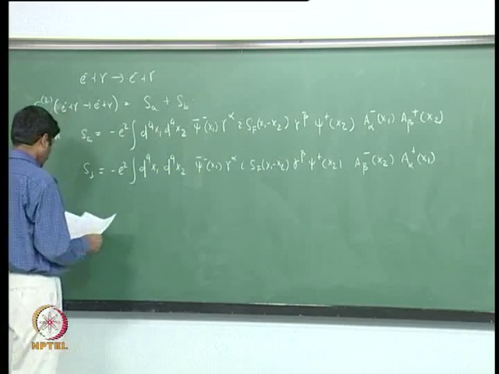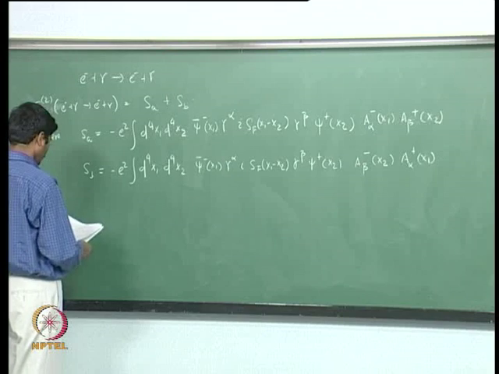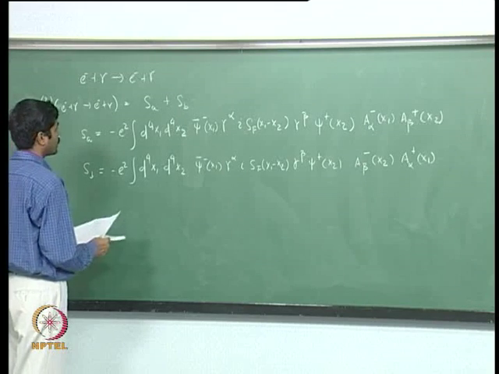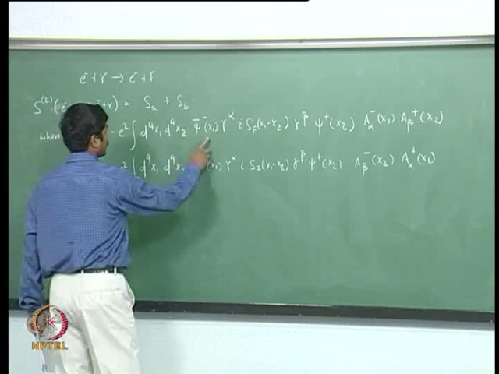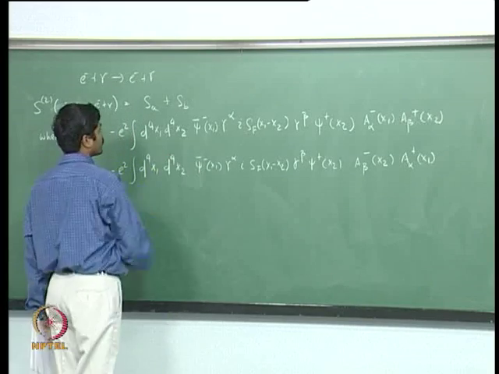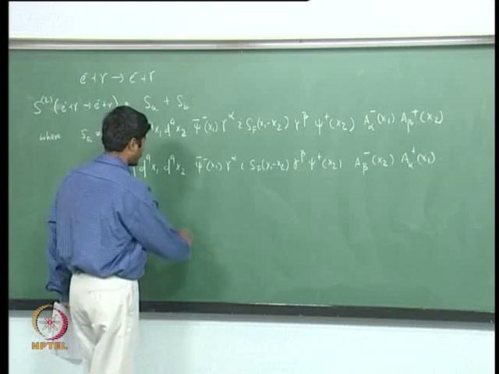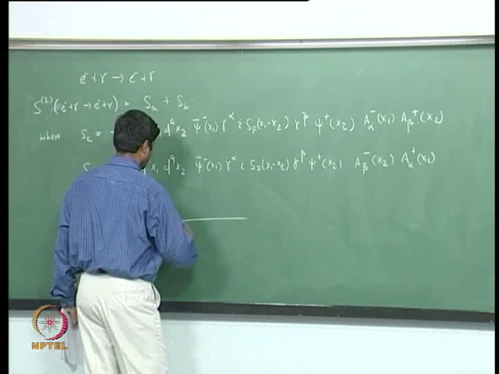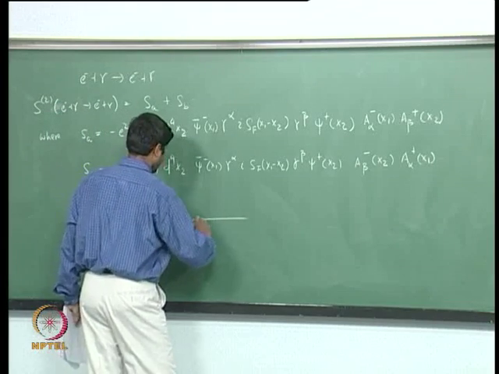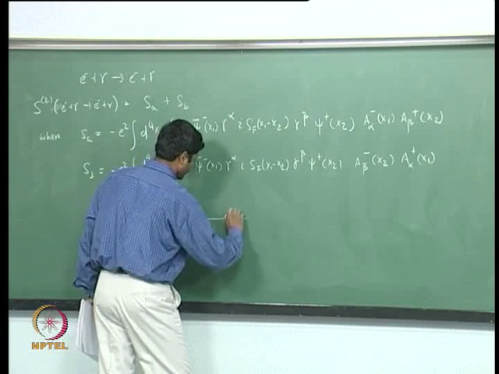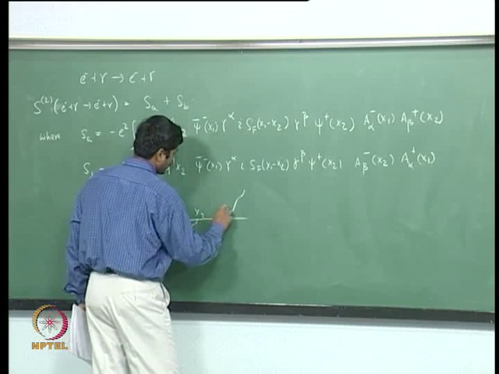And there are two diagrams which actually contribute to these two processes. One of them is given by: there is an incoming photon and there is an outgoing photon at x₂, x₁.